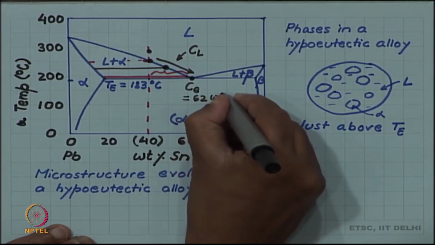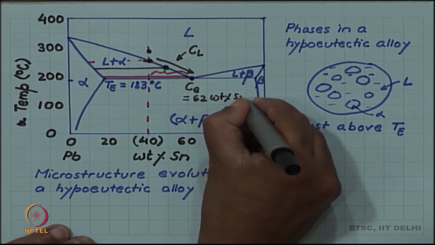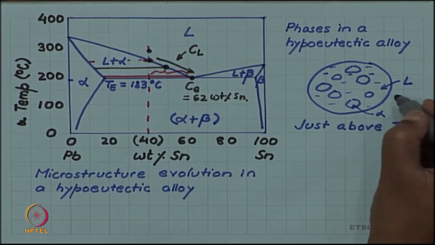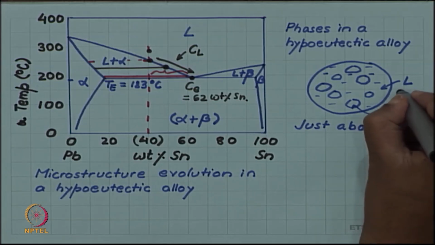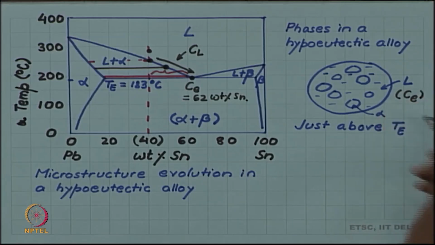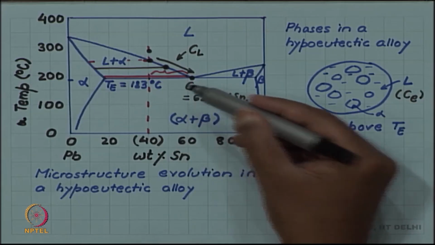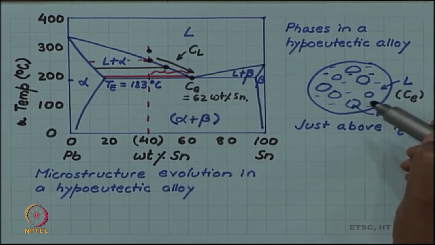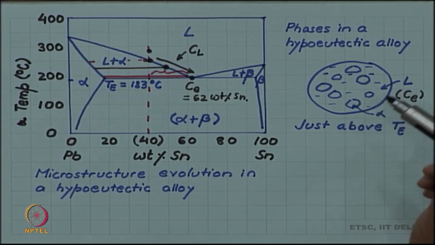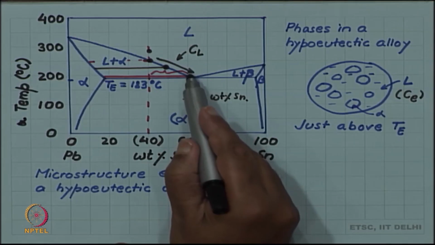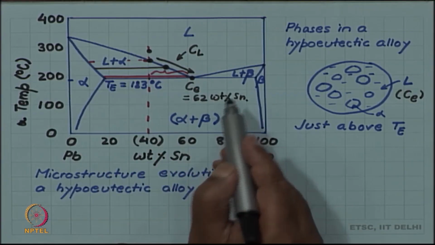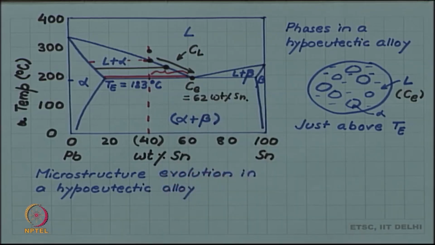So, this liquid just above TE is exactly of the eutectic composition, and it is exactly at the eutectic temperature. So, on cooling, this liquid will undergo the eutectic reaction which we have discussed, that a liquid of eutectic composition, if it is cooled at the eutectic temperature, will transform into a mixture of alpha and beta.